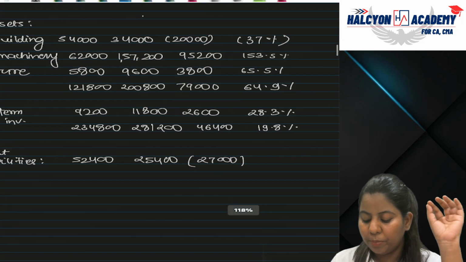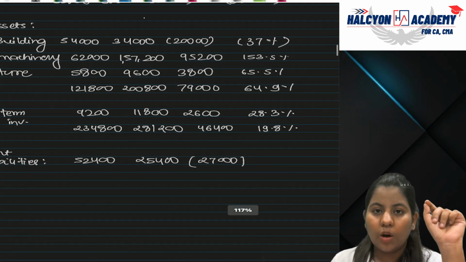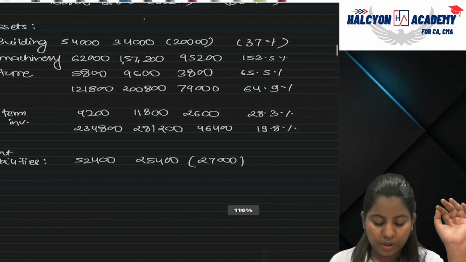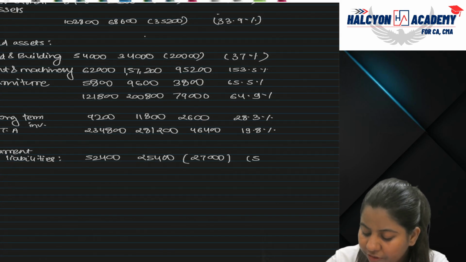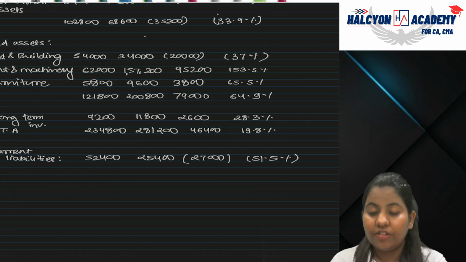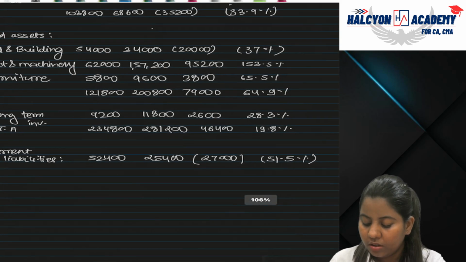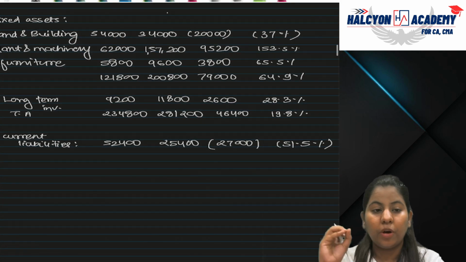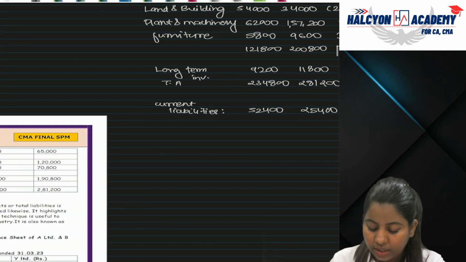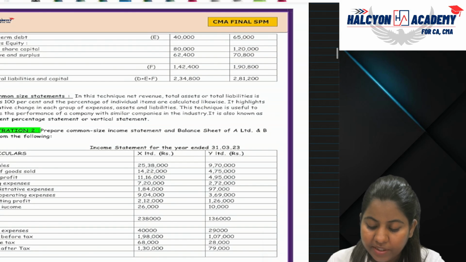So how much will be the percentage change? 27,000 divided by 52,400. It will be rounded off to 51.5%. That too in negative. Minus 51.5%.